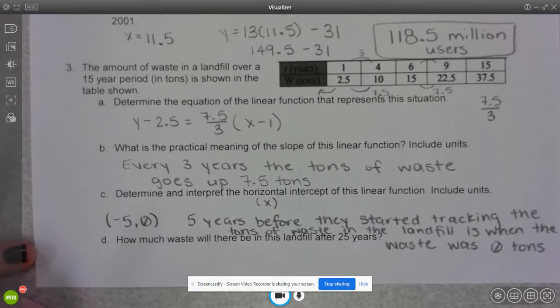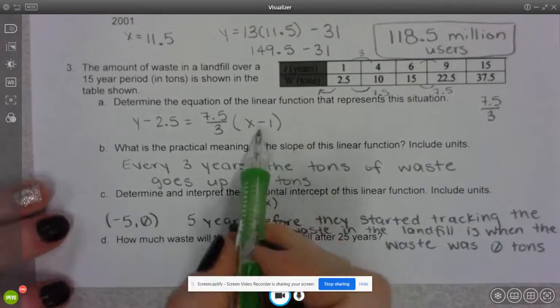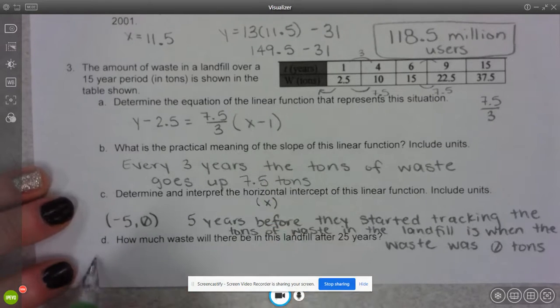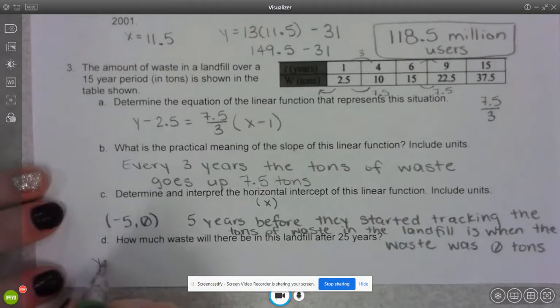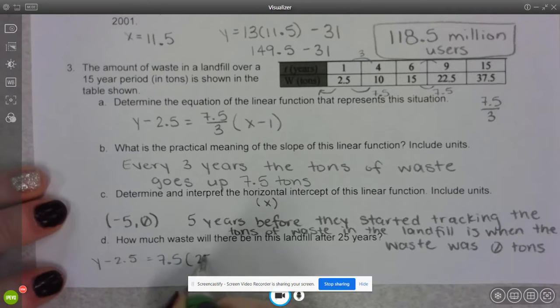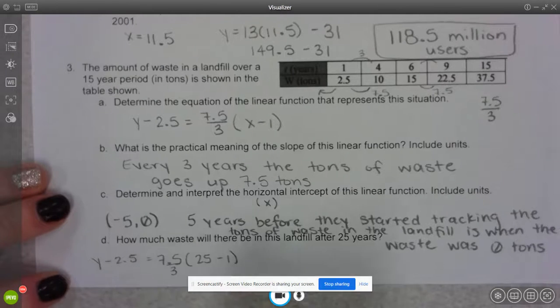And last but not least, after 25 years, I'm just going to replace x with 25. So, oops, y minus 2.5 equals 7.5 times 25 minus 1. Oh, this is divided by 3.